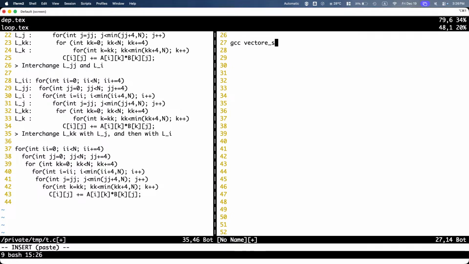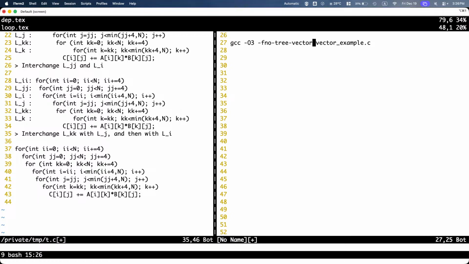There is a file called vector_example.c. Run this code with the following options: -O3 -fno-tree-vectorize.